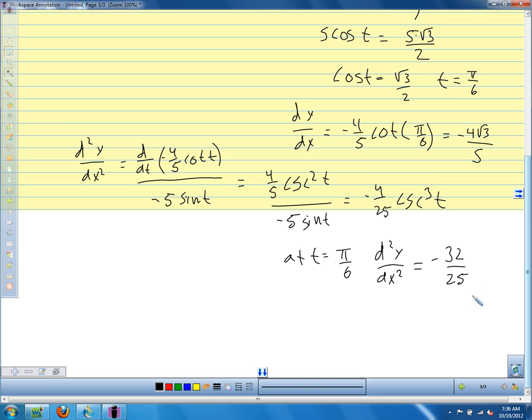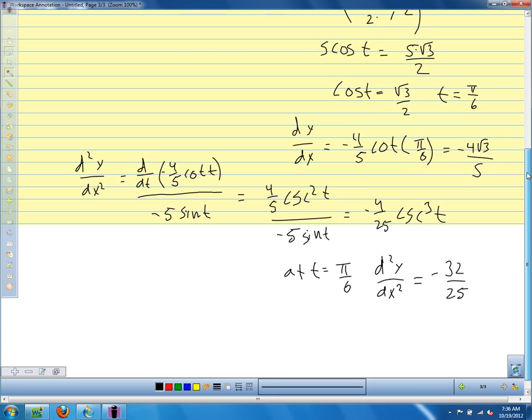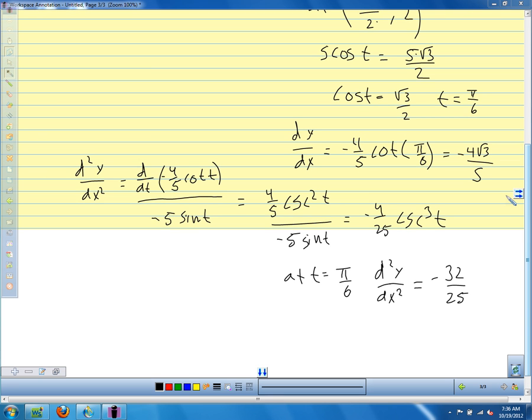Cosecant of pi over 6 is 2. So now we have our slope and our concavity. Our slope is negative, our concavity is negative as well at that point. So finding slopes, finding derivatives for parametrics involves a little bit of plugging and chugging in these types of problems. Any questions on that?